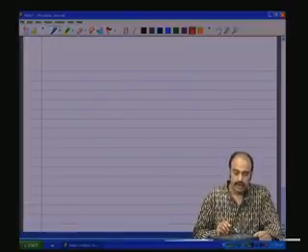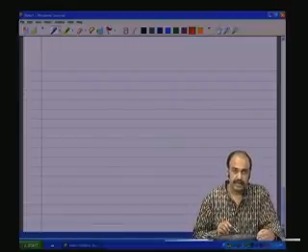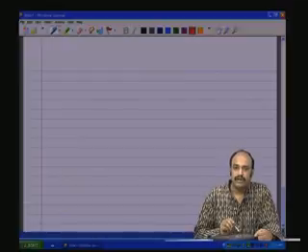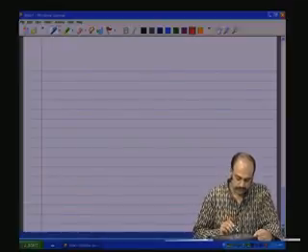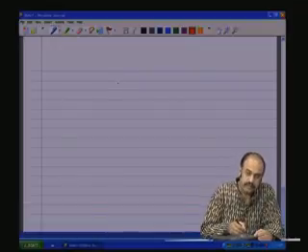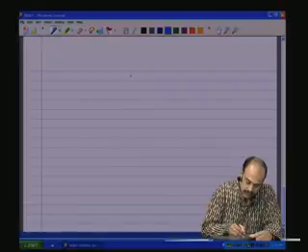Now, to understand a bit more further about the transformer and the magnetics, there is one more law that one needs to understand about. Let us say there is a conductor.